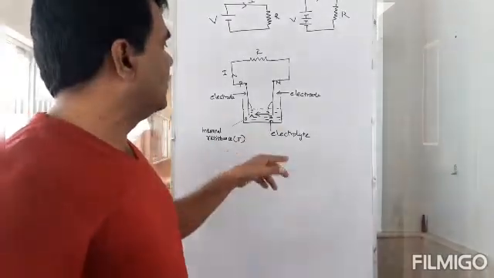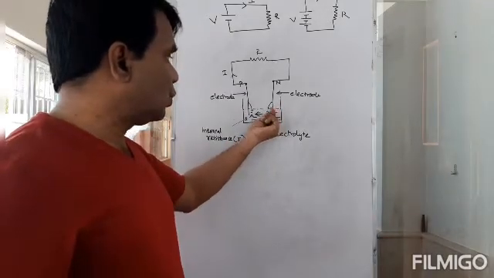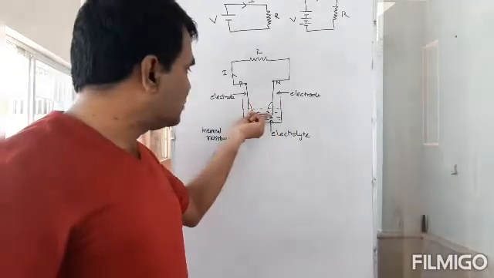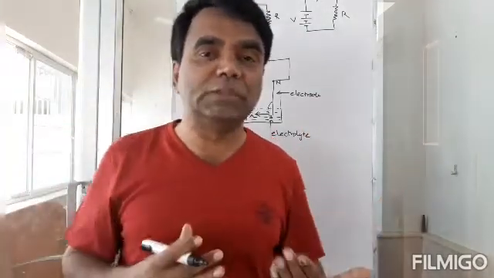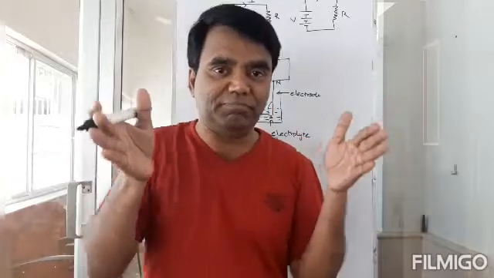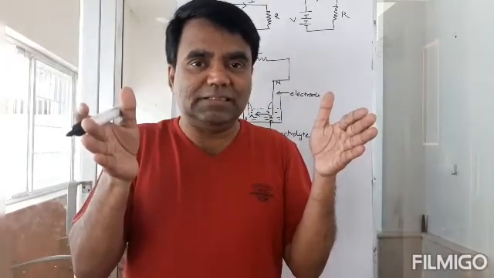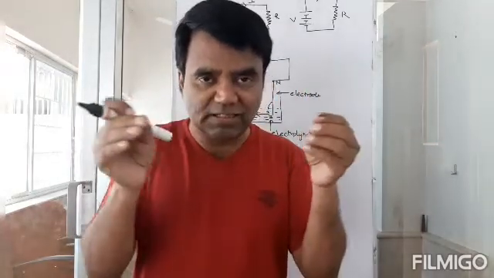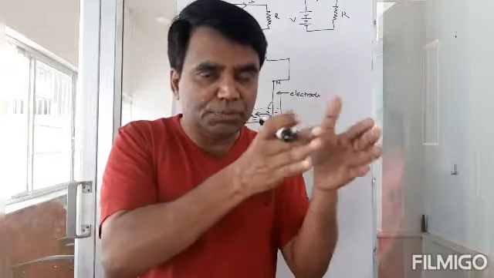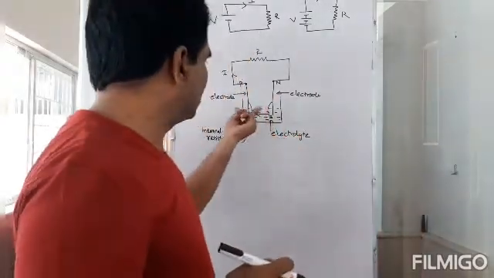And because of this, the potential will not be the same within the electrolyte. Previously, when the current was not flowing, we said the potential would be the same. Right? But now the current is flowing, and there is a resistance offered inside.